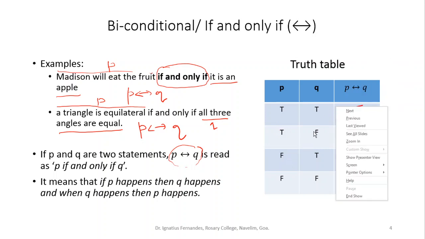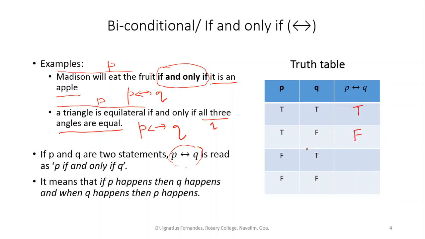If P is false and Q is true, it will be false. And if both of them are false, that means P is false and Q is false, it will be true. You may look at it as equality. If both the truth values are the same, only then is the biconditional true. If they are of opposite values, then the truth value is going to be false.